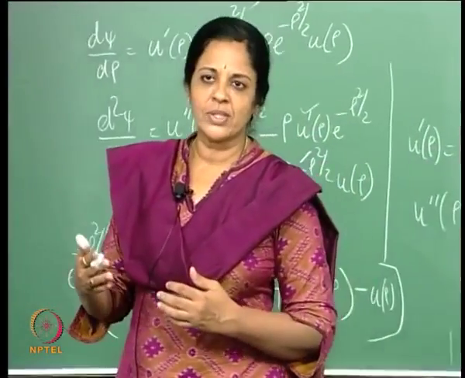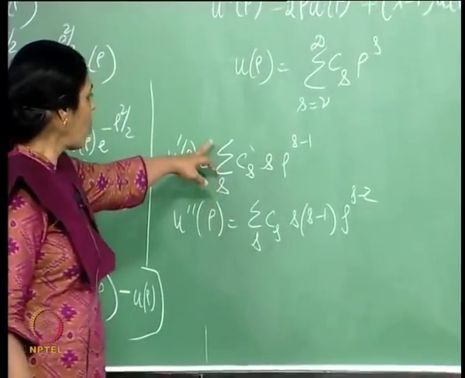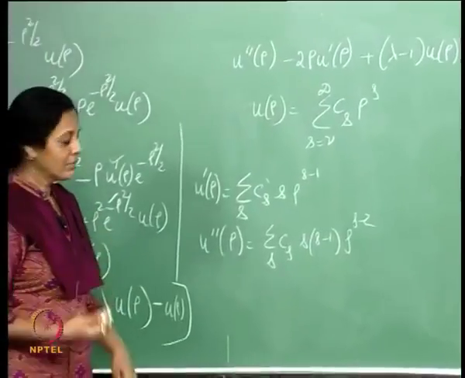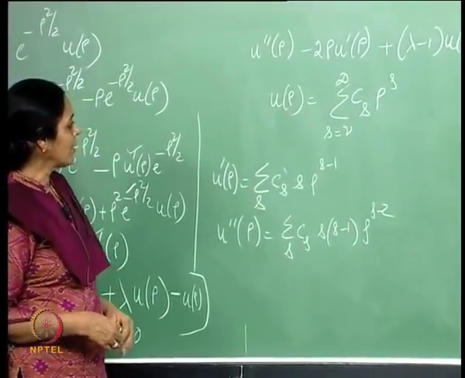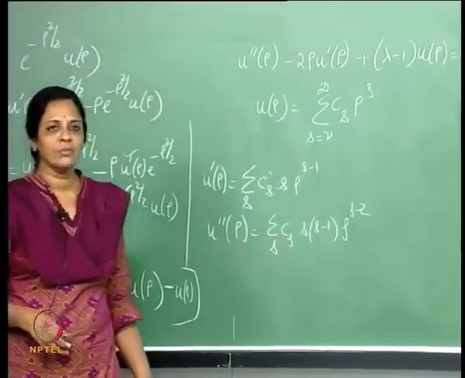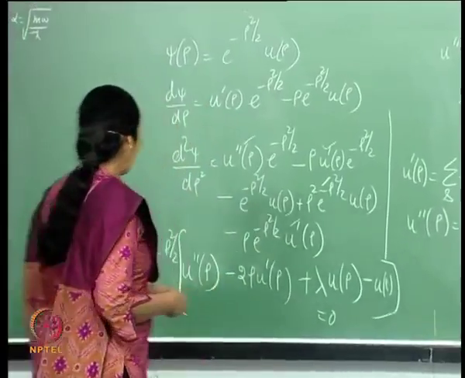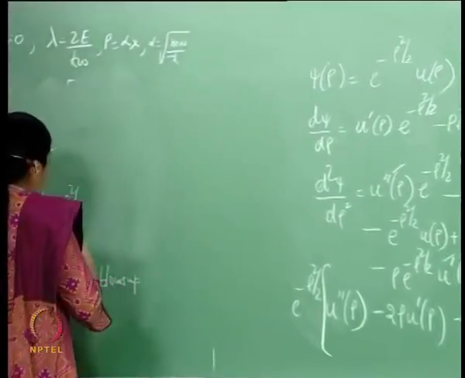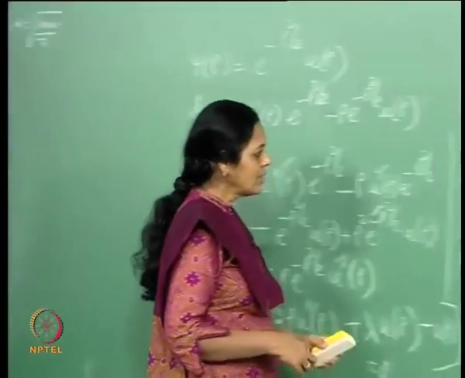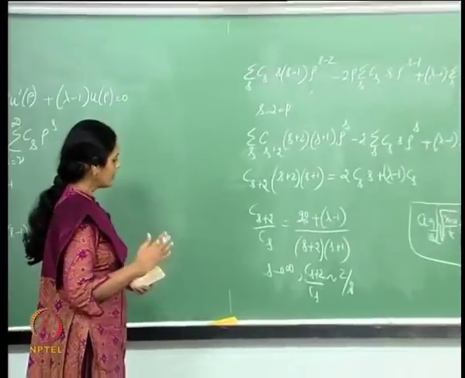There is some value of s where the series truncates, and therefore the summation over s does not go all the way to infinity, but gets stopped at a finite value. If that happens, then clearly I do not have to worry about the asymptotic behavior being e to the rho squared. So let us see how exactly this series will truncate. One way of solving the problem is to look out if the series truncates somewhere.